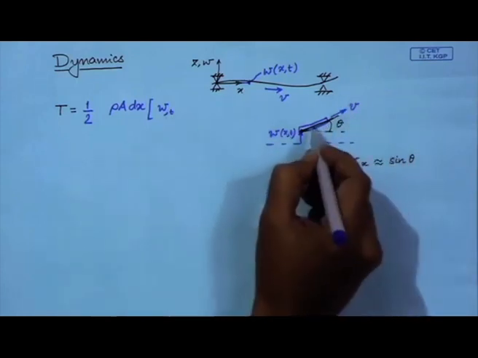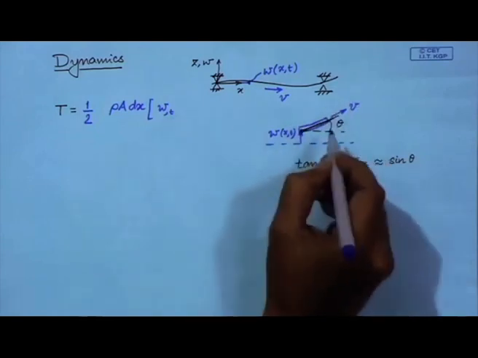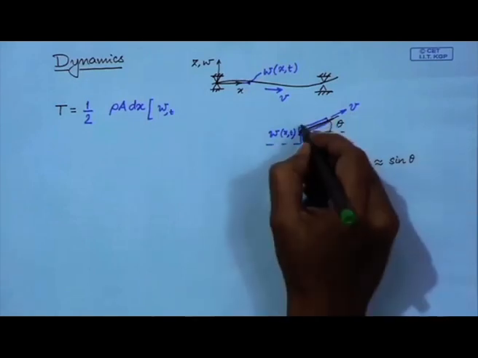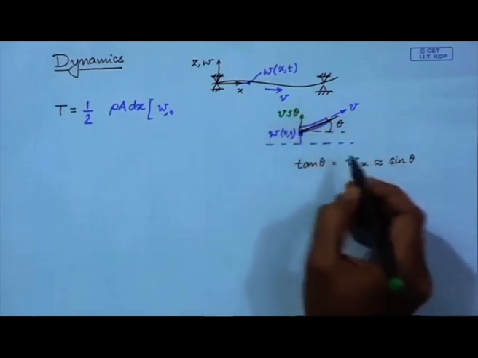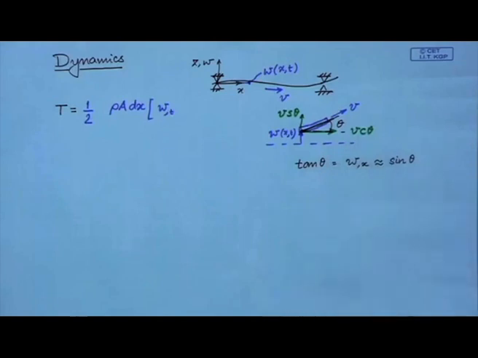So, the transverse component because of this velocity v is v sine theta and the horizontal component is v cosine theta.